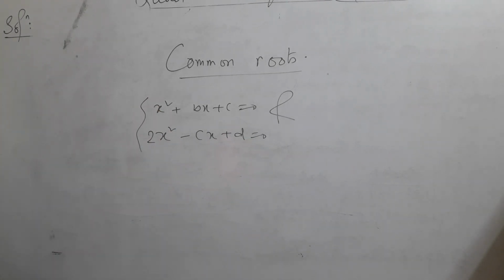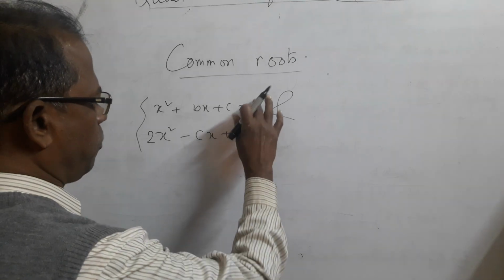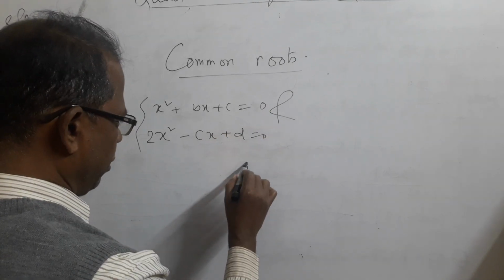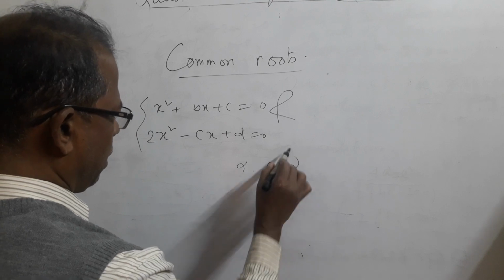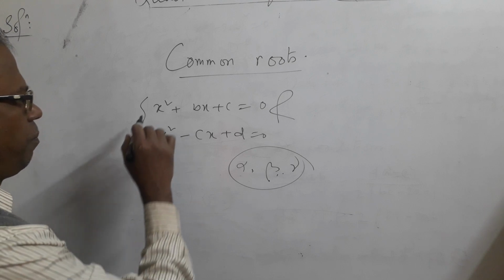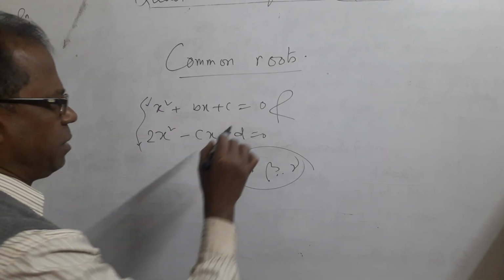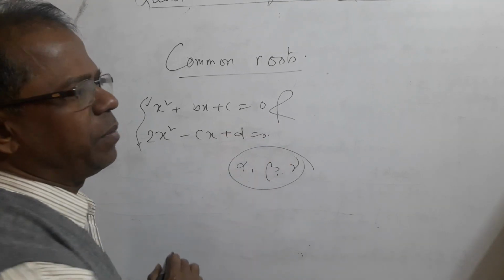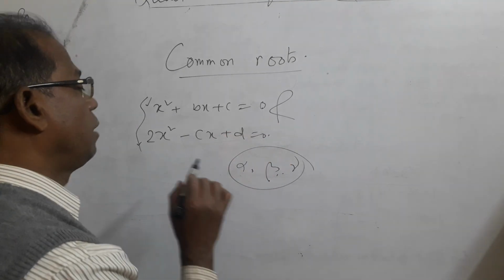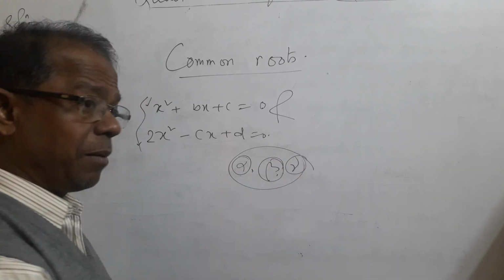A common root means any value alpha that is a root of both number 1 and 2, satisfying both equations.